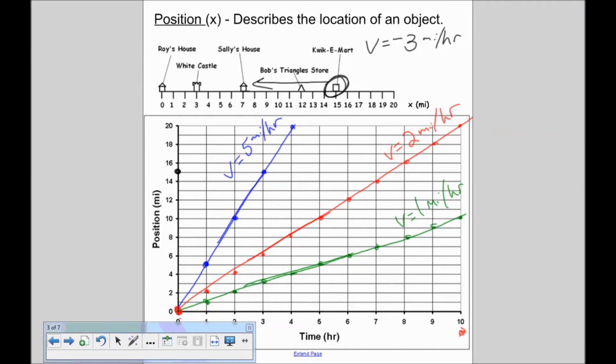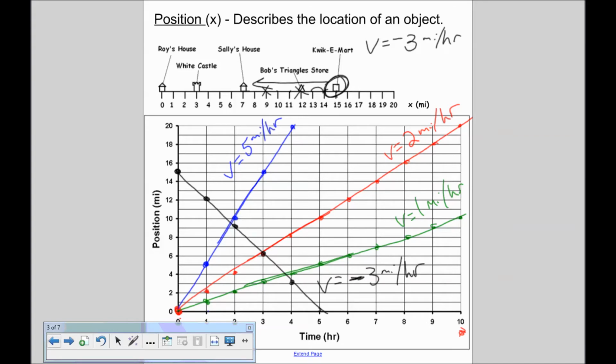So he's going to be at 12, then at 9, then at 6, etc. So after 1 hour, he's at 12, 9, 6, 3, 0. So now for that black one that I just drew, my velocity is negative 3 miles per hour.